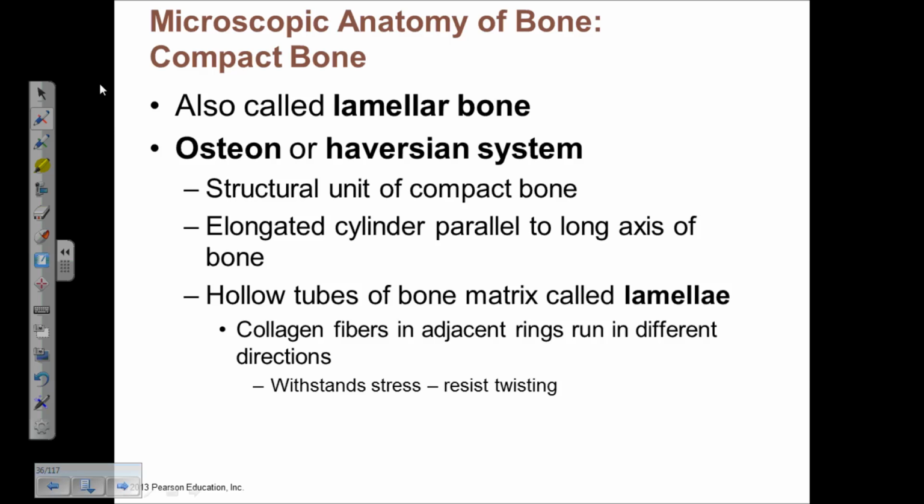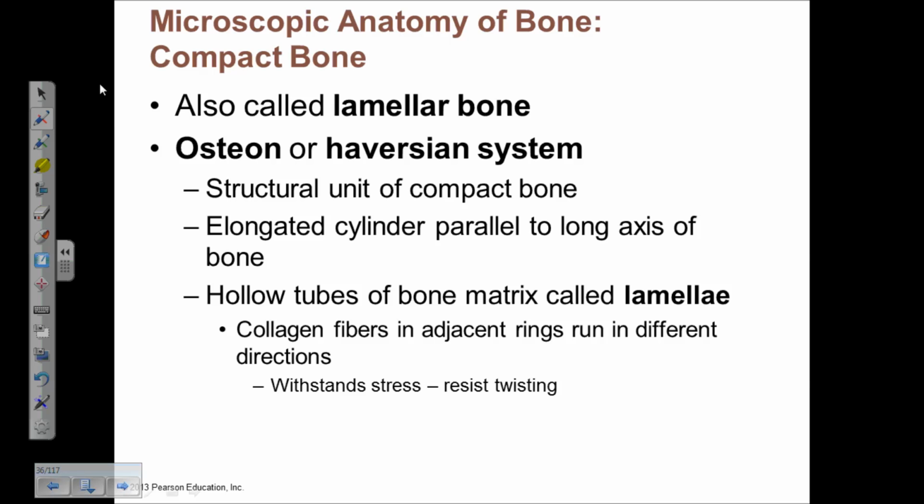Structural units that are called osteons. So those guys are osteons. Such a tube, that is an osteon. They're also called Haversian system. They consist of the tubes of the bone matrix, and each tube is called lamellae.